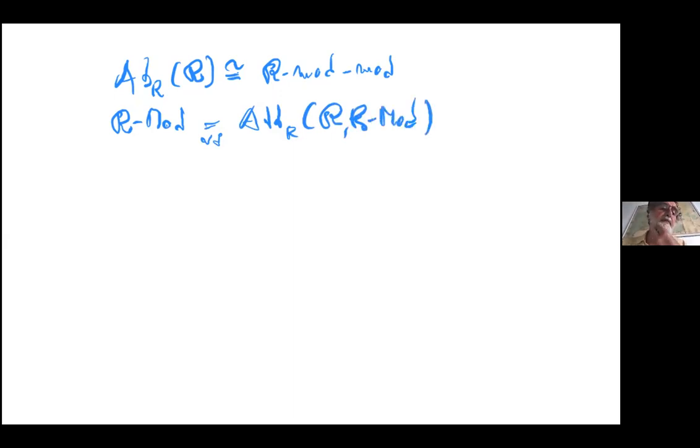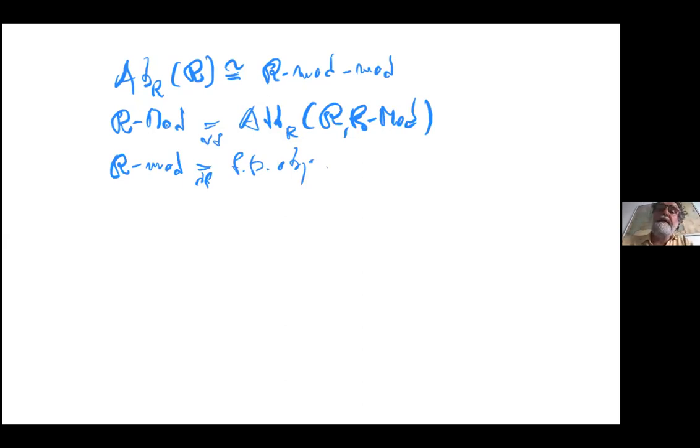And the small one, R mod, is by definition the compact objects of this one, the finitely presented objects. And in this case they are just cokernels of representable functors.